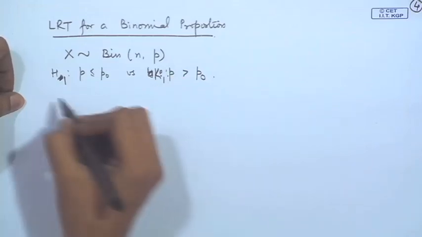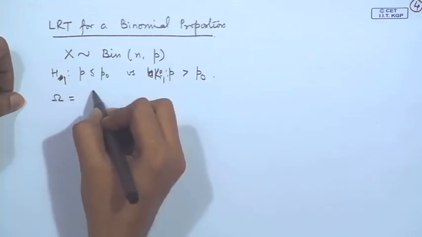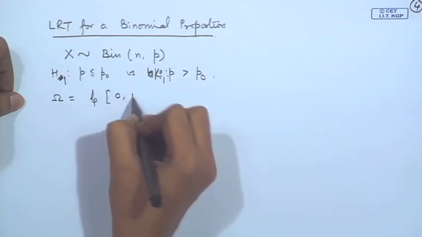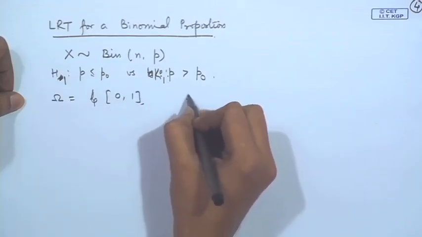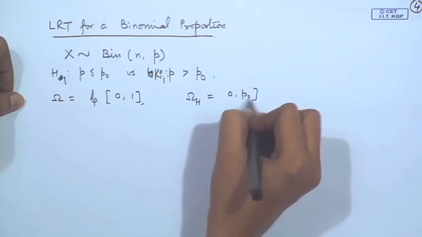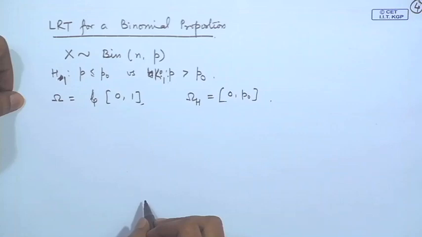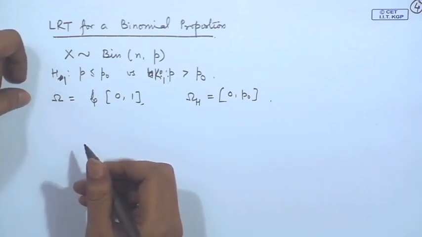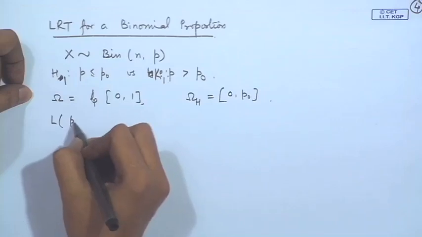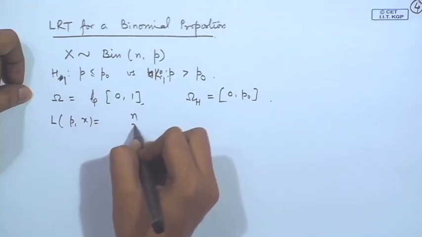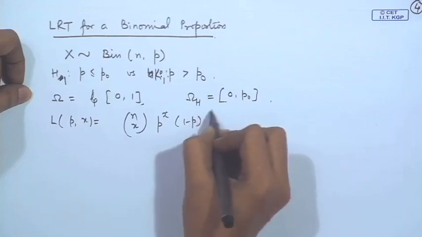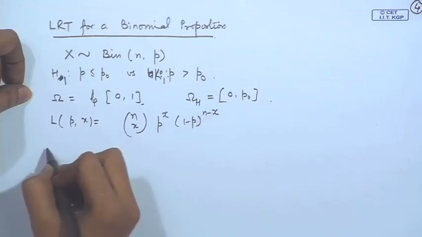Now, your full parameter space is the interval 0 to 1 and omega H is 0 to p naught. Now, let us write down the likelihood function. So, L(p, x) is nCx p to the power x, 1 minus p to the power n minus x.